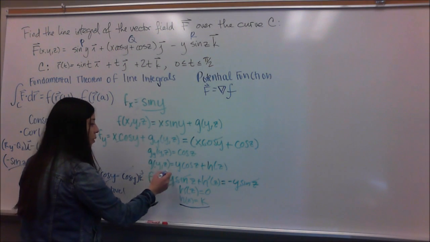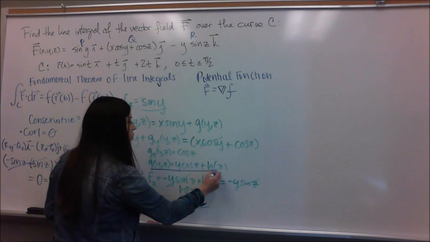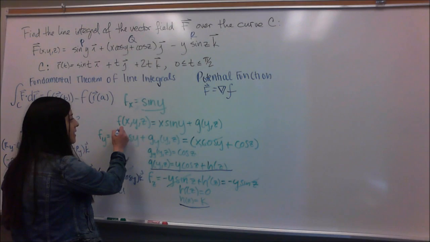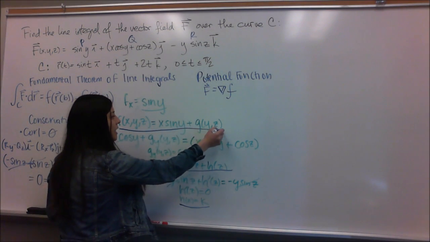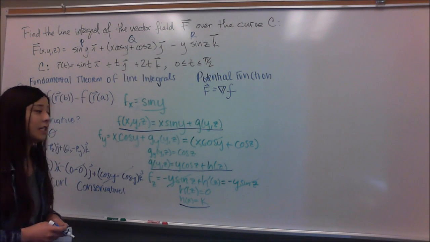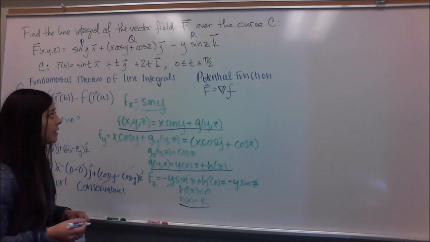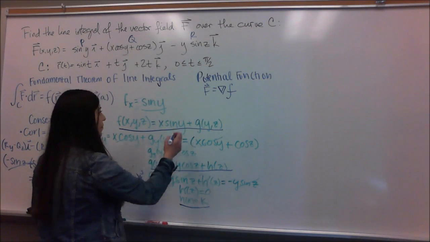and we know that g of y of z equals y cosine z plus h of z, and we know that the potential function equals x sine y plus g of y of z, we can put it all together and we know our potential function.